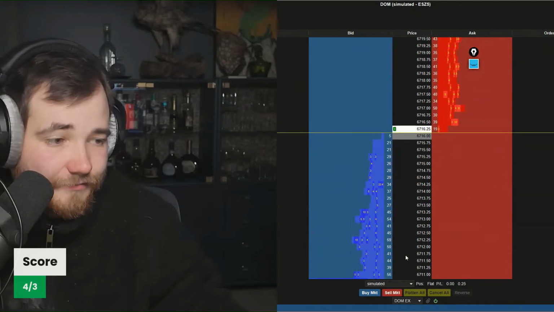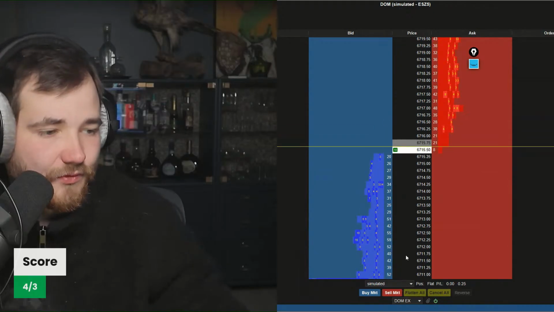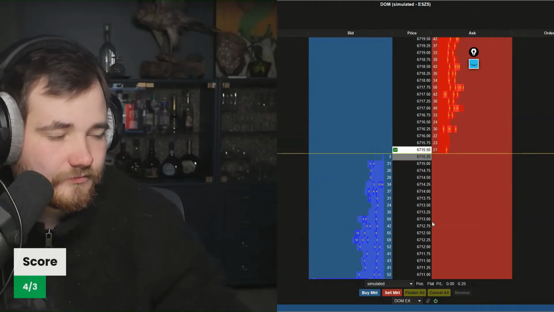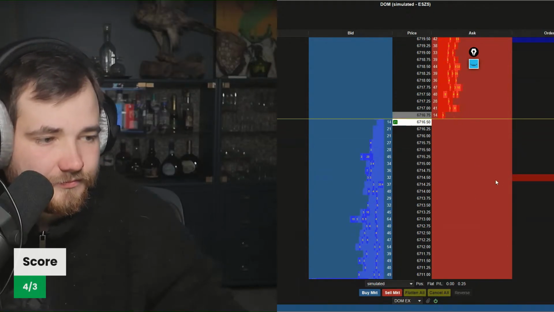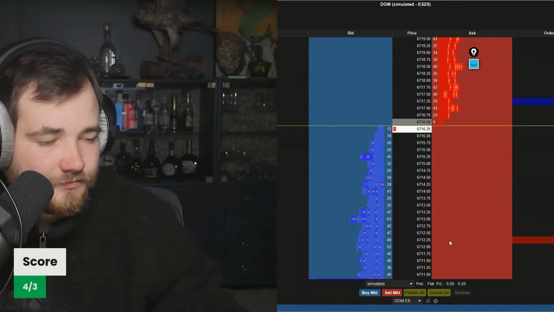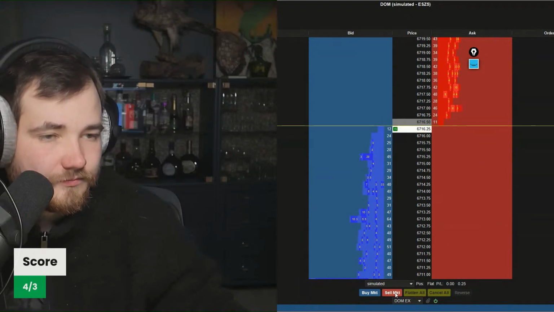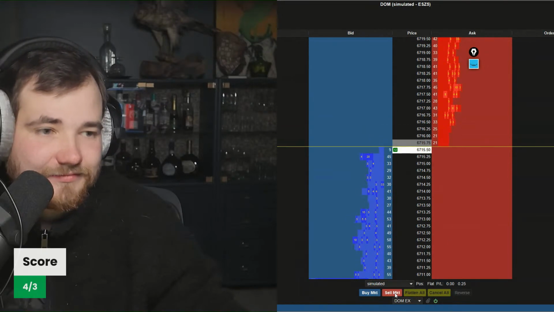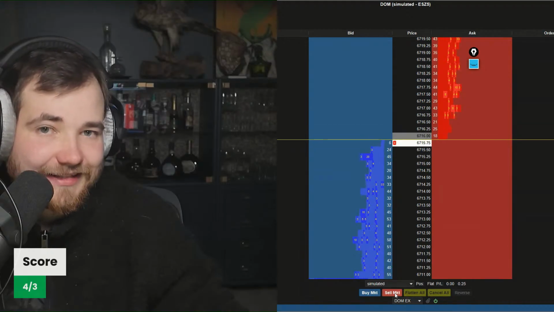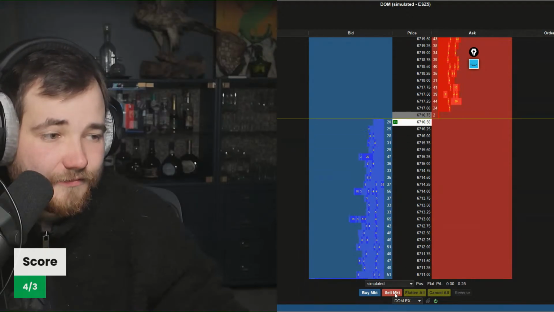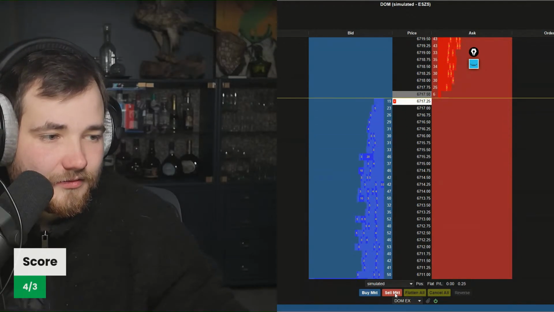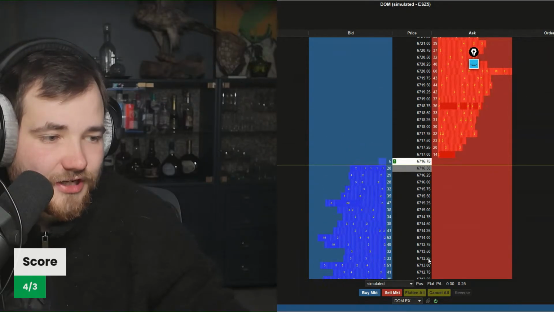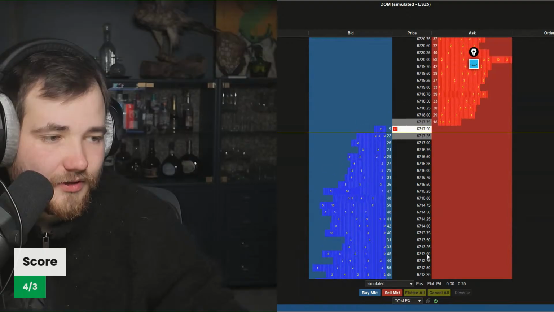But let's focus again. Let's see if we can get that snap move. Let's try hard here. Let's get that 5 and 3 score. Still no snap to either side.